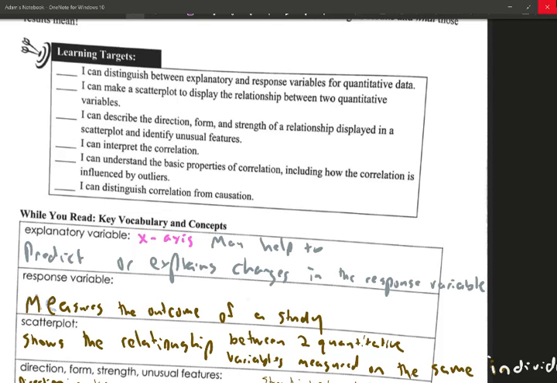The explanatory variable may help to predict or explain changes in the response variable. Probably when you first learned this, you called this the independent variable. In this class, independent means something different, but that's the classic version of an explanatory variable.